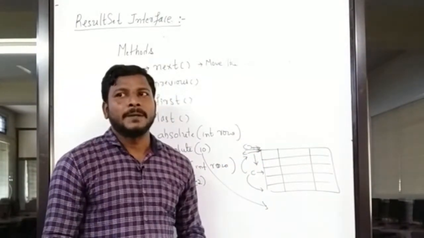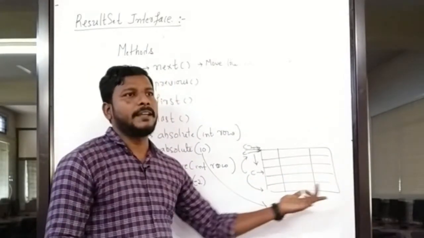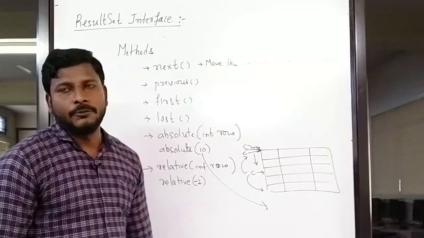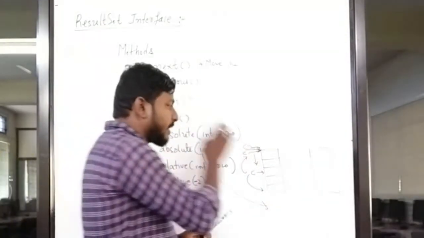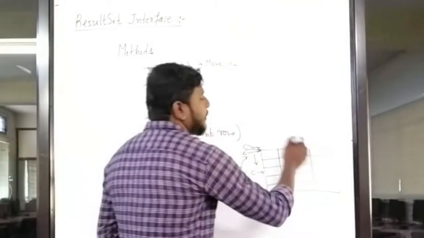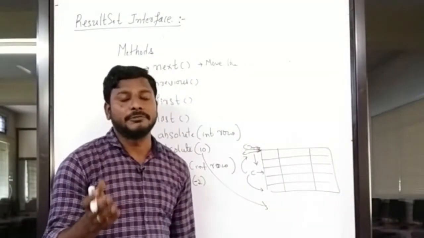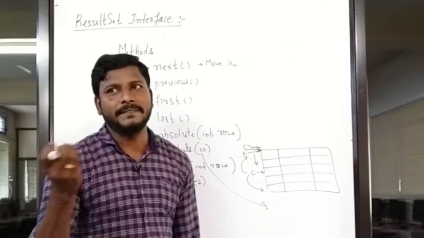Okay, and these functions can be used only to change the cursor position, not to get the values. To get the values of a particular row, we are using a few more methods. Once a result set is created, each and every column is identified by an index, just like in an array there is an index to identify the elements.